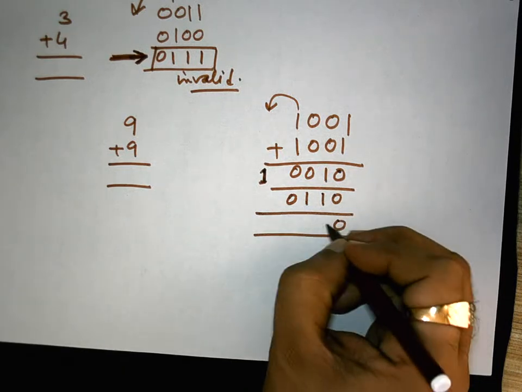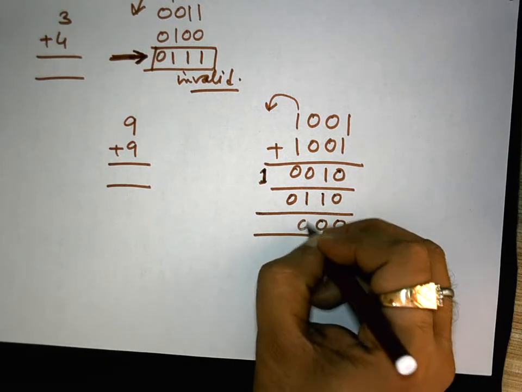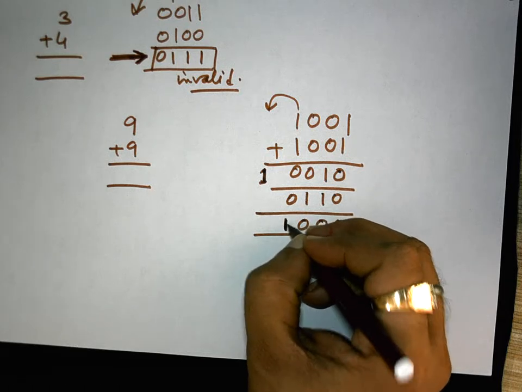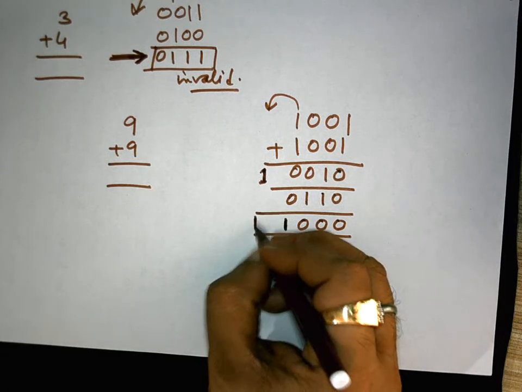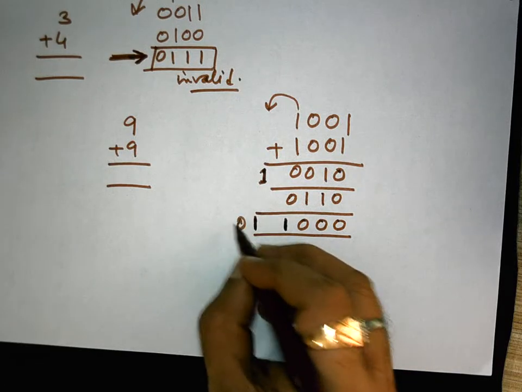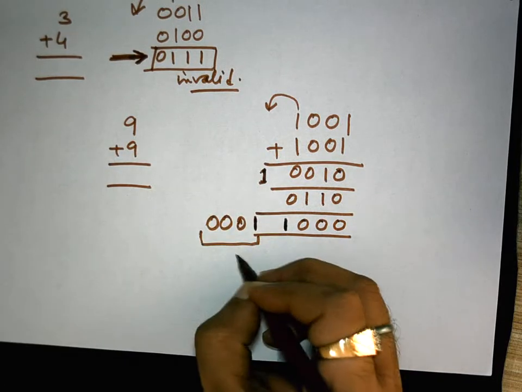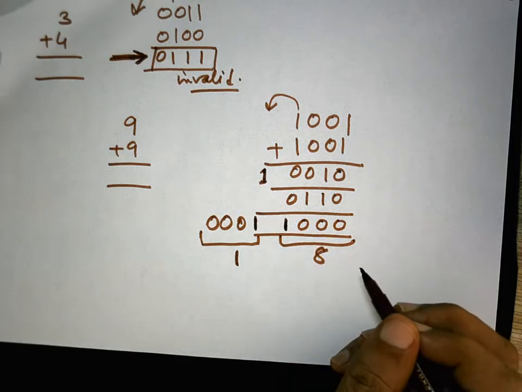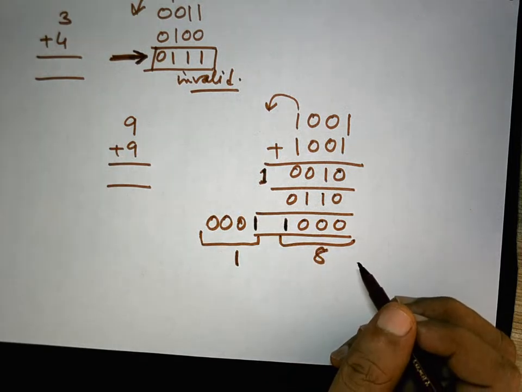So now the result is, simply insert 3 zeros, this is 1 and this is 8. This is our desired result.